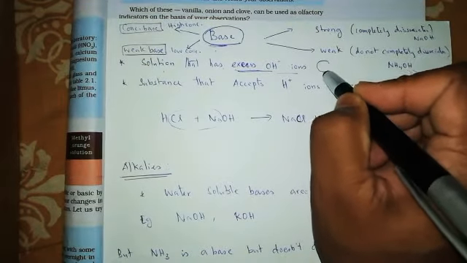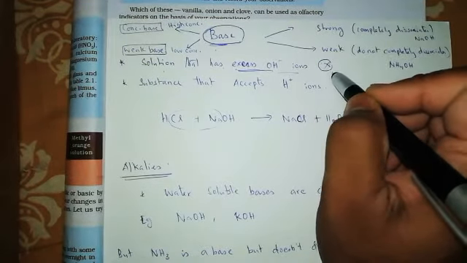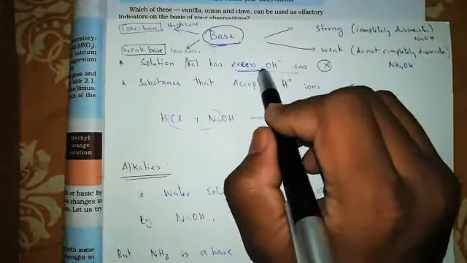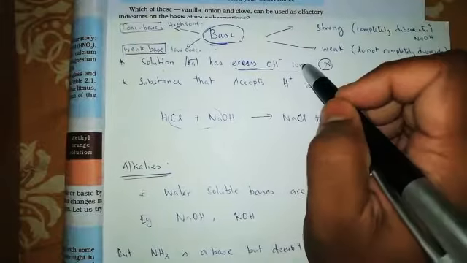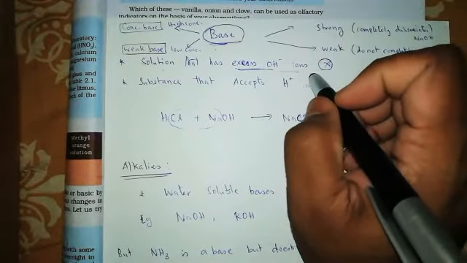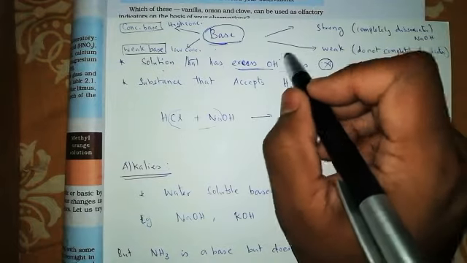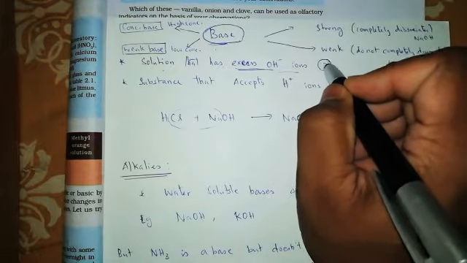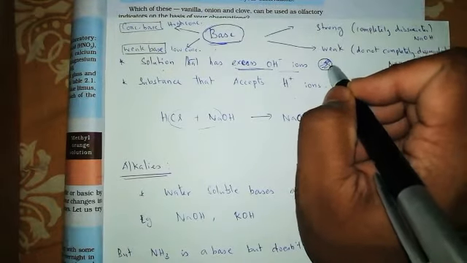Okay, this is the old one, the old-fashioned way of giving the definition. A solution that has excess OH negative ions, or a salt which contains oxides or hydroxides, is said to be basic. That's correct. I'm not saying it is wrong, but it's an old one.